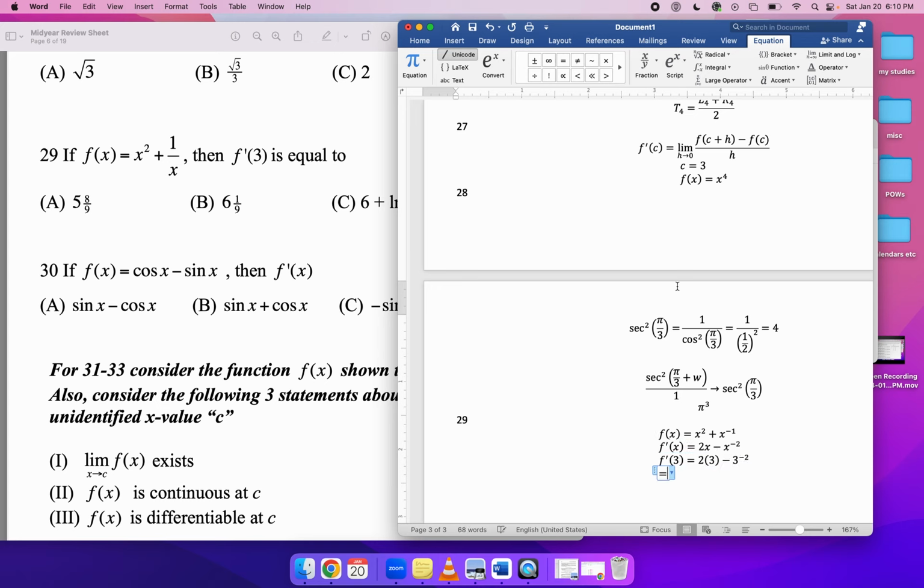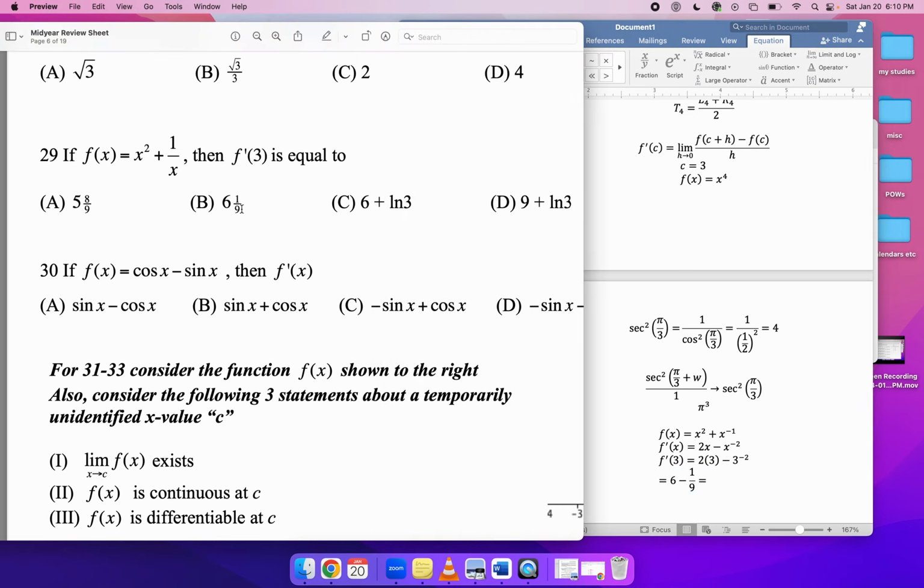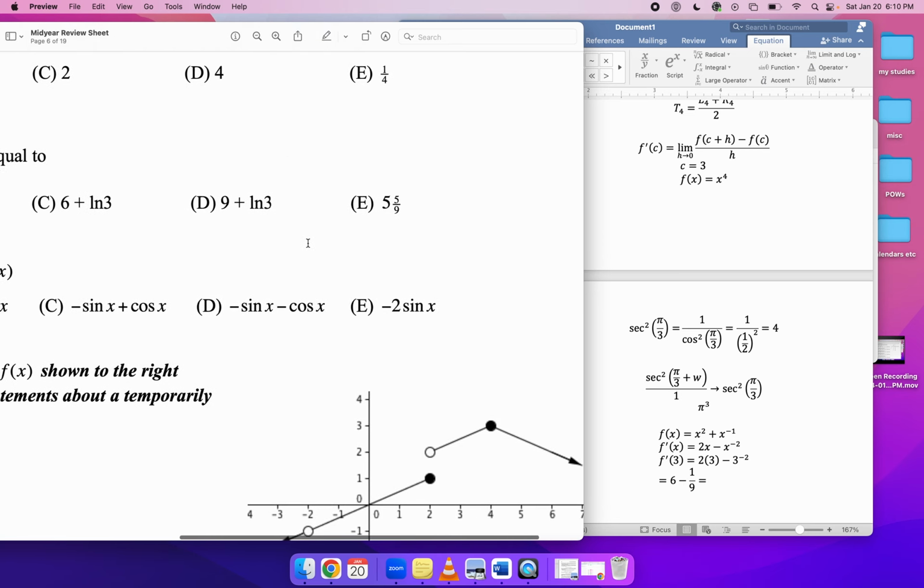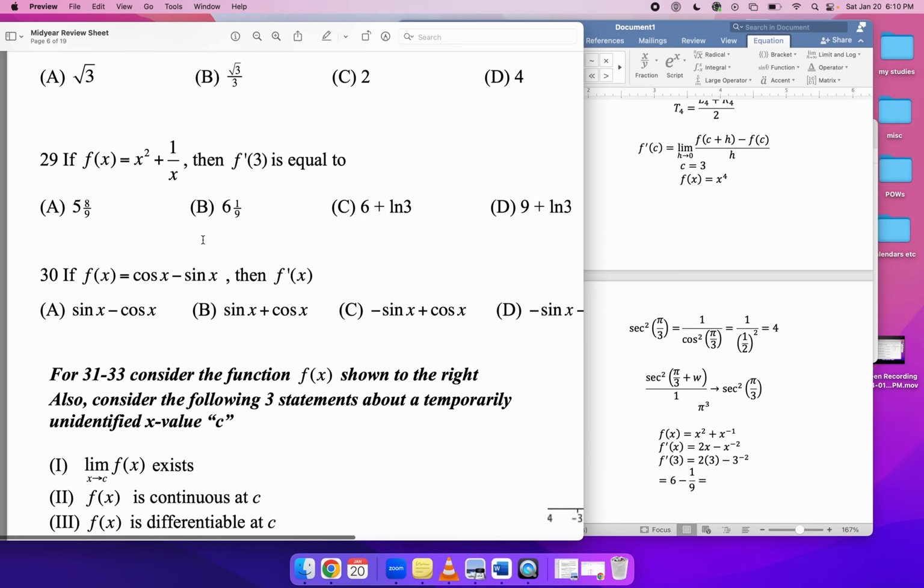So that would be 6 minus 1/9. So they're doing mixed numbers here? Oh my god. I guess that's nice of them to do that, but don't you ever write a mixed number in this class. Yeah, 5 and 8/9 would be the value of that.